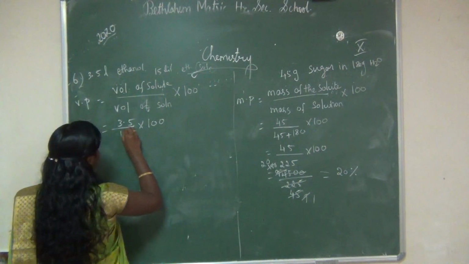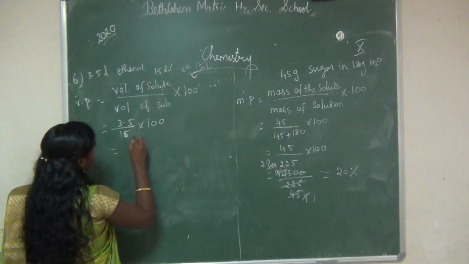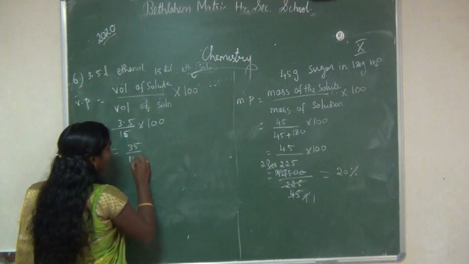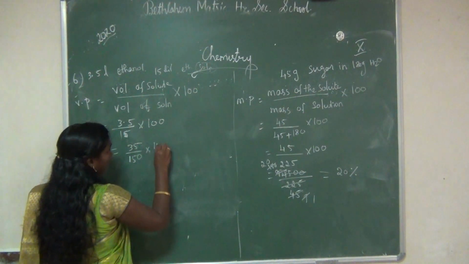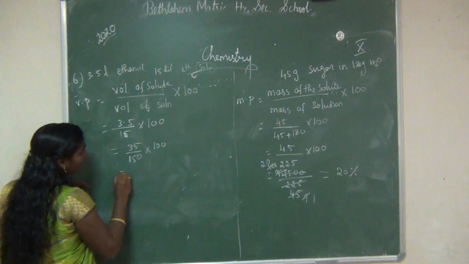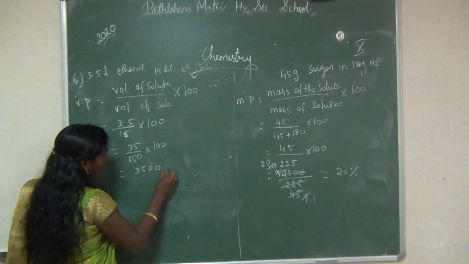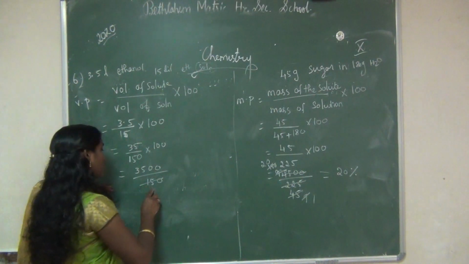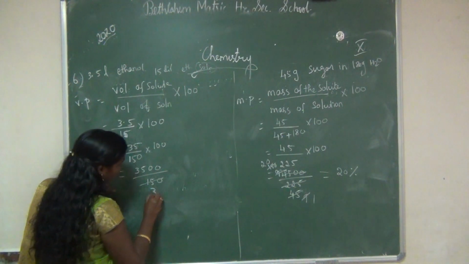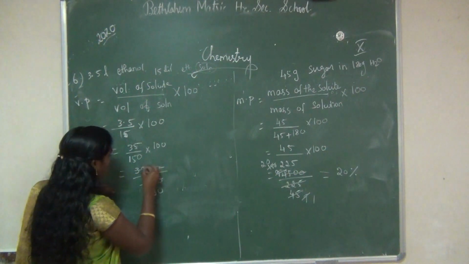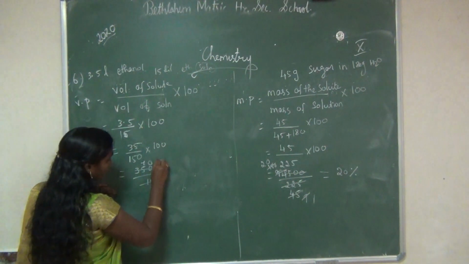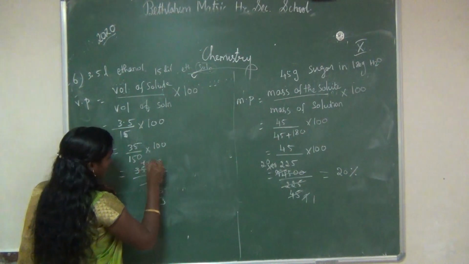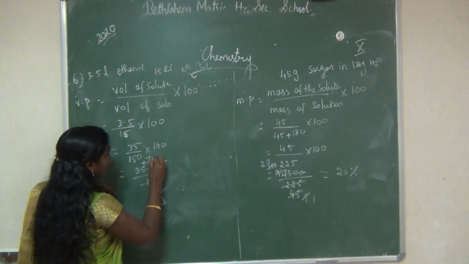First we can remove the decimal. For that we multiply with 10, so we get 35 divided by 150 into 100. We can use the table. 3 5s are 15, 7 5s are 35. So the 10th table: 3 10s are 30, then 7 10s are 70.